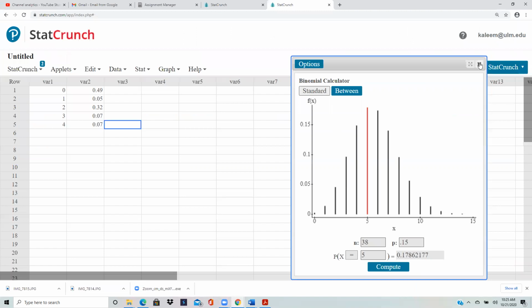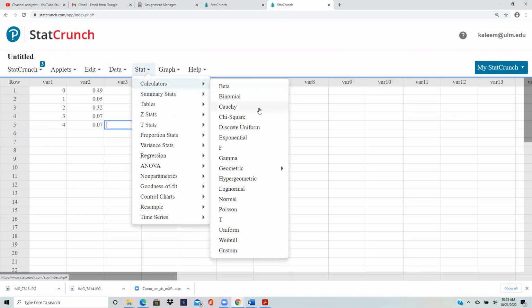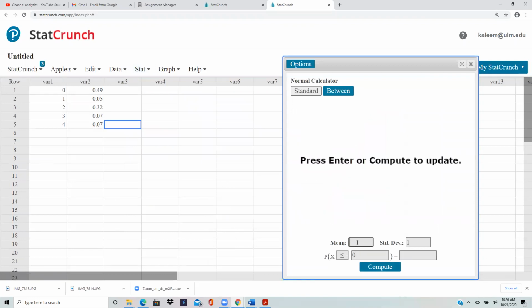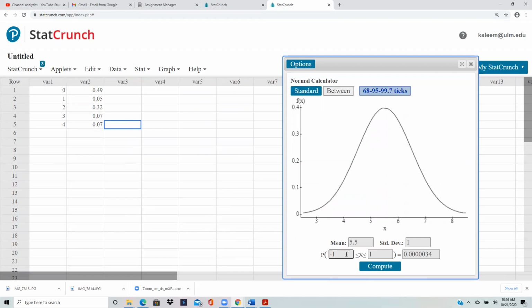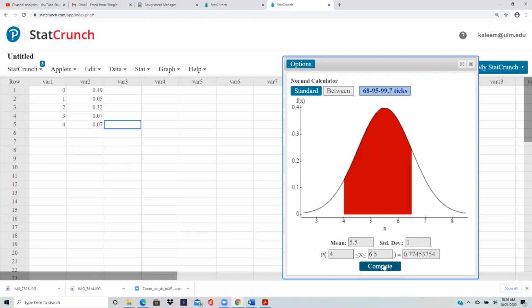Okay, so stats, calculator, normal, 5.5 and 1, then between 4 and 6.5. 0.7745.